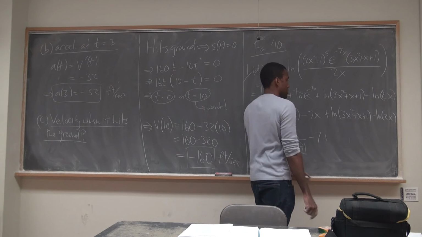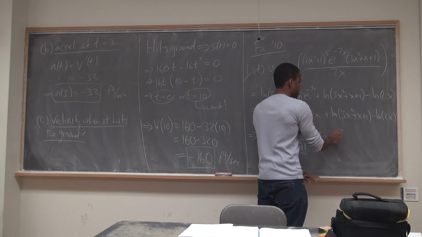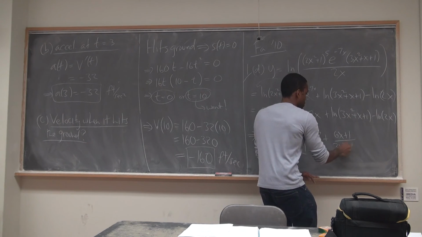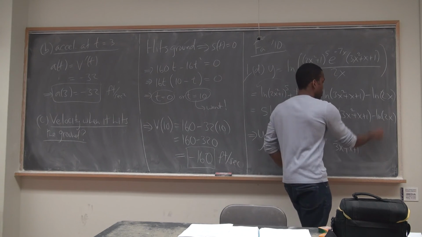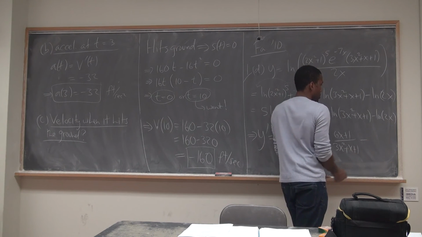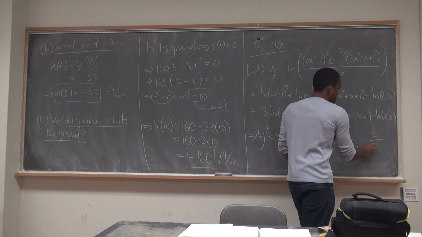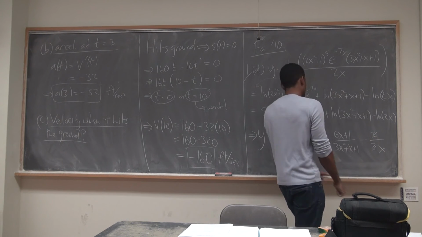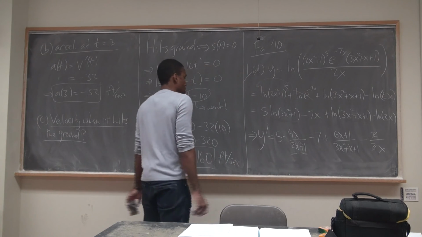Derivative of this: 6x plus 1 over 3x squared plus x plus 1. Derivative of this: 2 over 2x, and the 2's cancel. And then that's it.